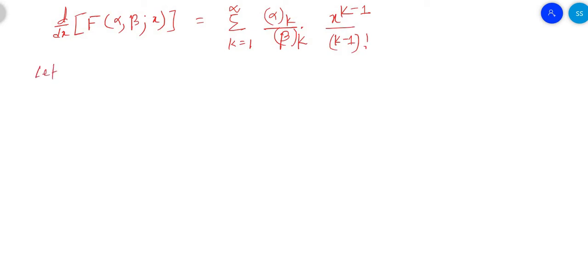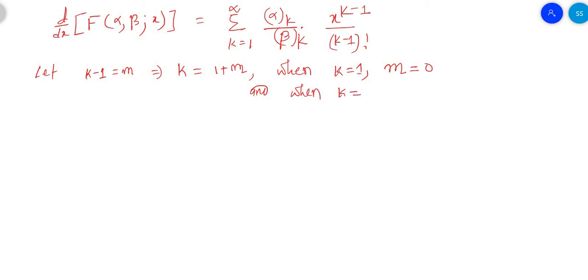Let k minus 1 is equal to m. This gives k is equal to 1 plus m. When k is equal to 1, m is equal to 0, and when k is equal to infinity, m is equal to infinity.